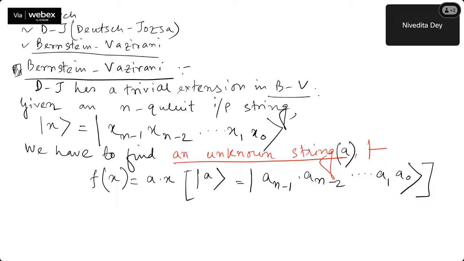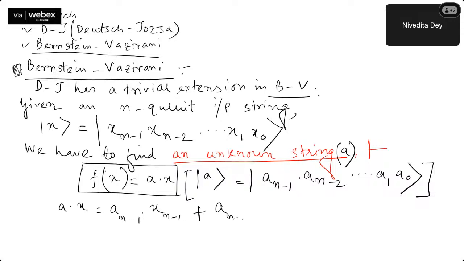So you have to find another unknown secret string a such that it follows this particular logic, that is, f of x equals a dot x, where a dot x is a n minus 1 into x n minus 1, plus a n minus 2 into x n minus 2, plus likewise a1 into x1, plus a0 into x0.